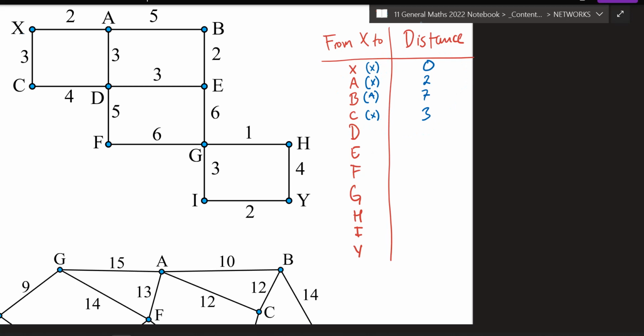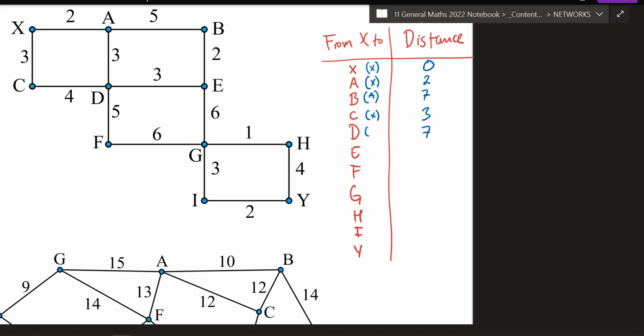Okay, now to D, shortest distance to D. Well, I can go from X to C, which is 3, and then to D, it will give you 7. So you can see from C there's already a distance of 3, and then to get to D, I have to add 4, which is going to be 7.